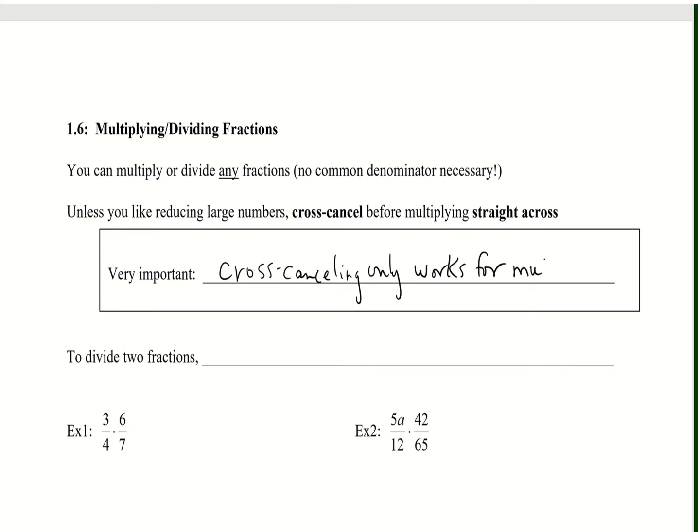So to divide two fractions, what you're going to do is flip the second fraction, then multiply.